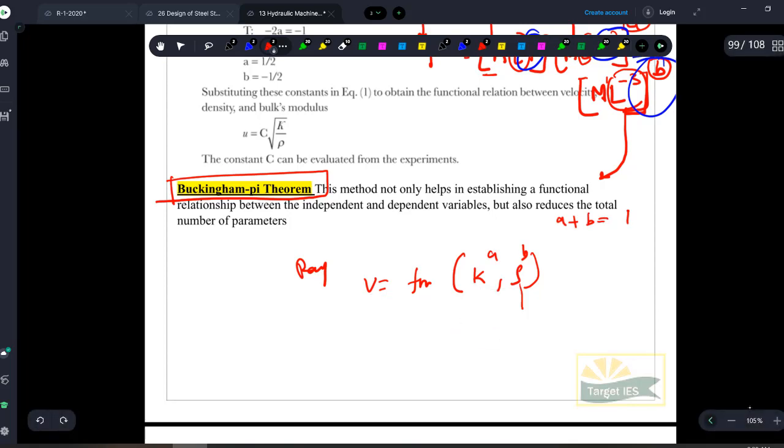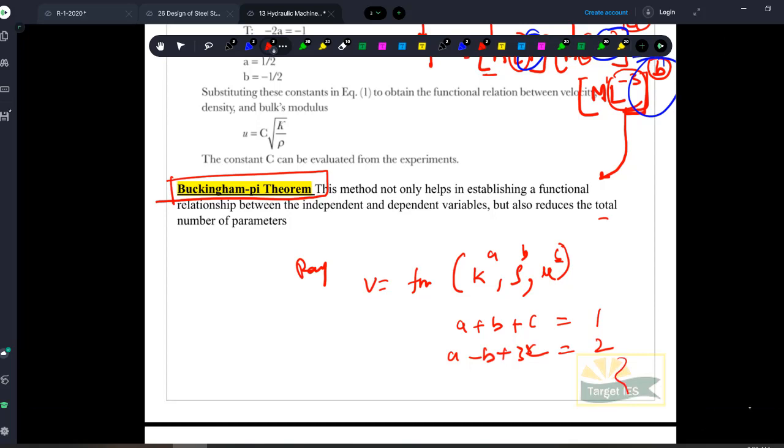Let us say instead of 2, if I had 3, okay, here let us say some mu was there, so I would be raising mu to the power of c. Then what will happen? It will be a little bit complex because I will have a plus b plus c is equal to 1, a minus b plus 3c is equal to 2, something like this. These equations will come. It will be a little complex. Agreed or not? So as the variables keep on increasing in Rayleigh's method, it gets difficult.